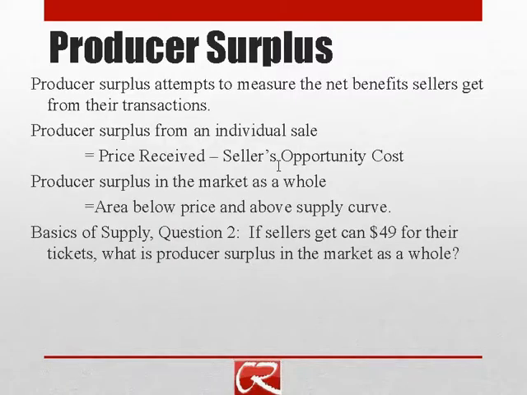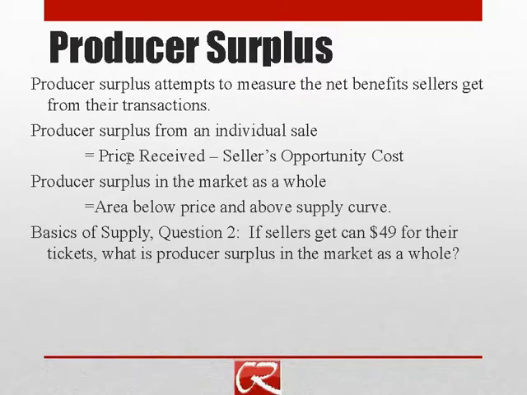We had consumer surplus as our measure of the net benefit of participating in the market for consumers. Producer surplus is our measure of the net benefit producers or sellers or suppliers get from participating in the market.